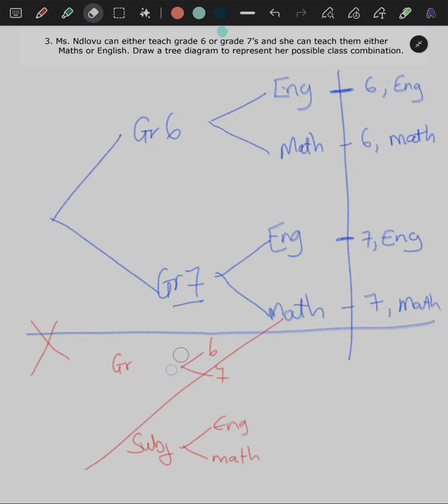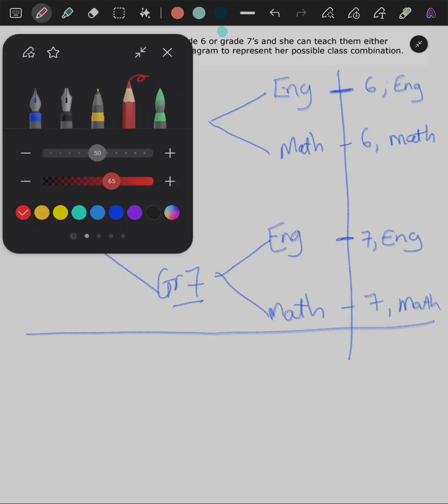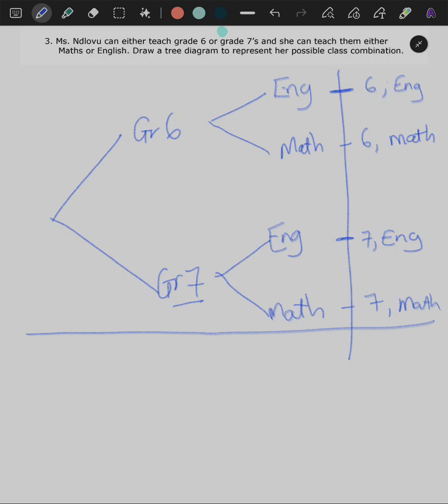Then just to extend on this a little bit, it's not in the question, but I want to show you how we could ask follow-up questions on the tree diagram. So I could ask you, what is the probability of her choosing grade 7 English? All you're going to do is look at the outcomes column. That's why we have the outcomes column over here, right?